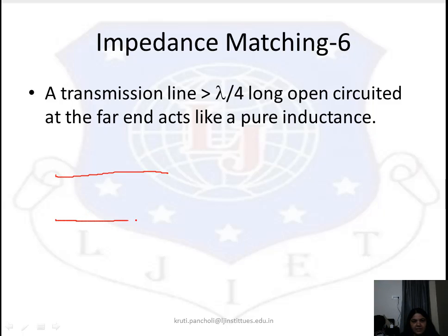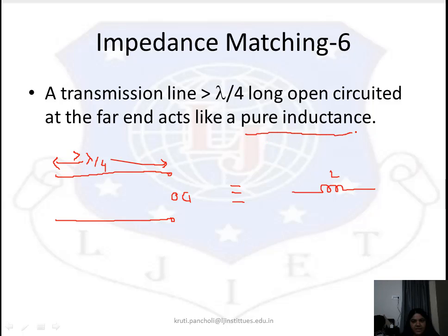Now this is open circuited, and the transmission line length is greater than lambda by 4. Then this kind of transmission line will act as a pure inductance. So this is my L and it is the pure inductor.